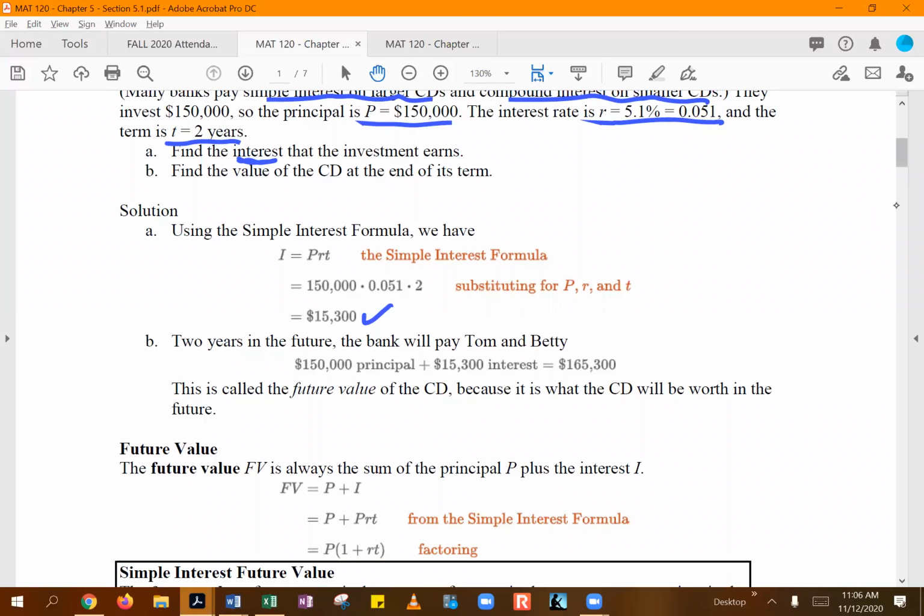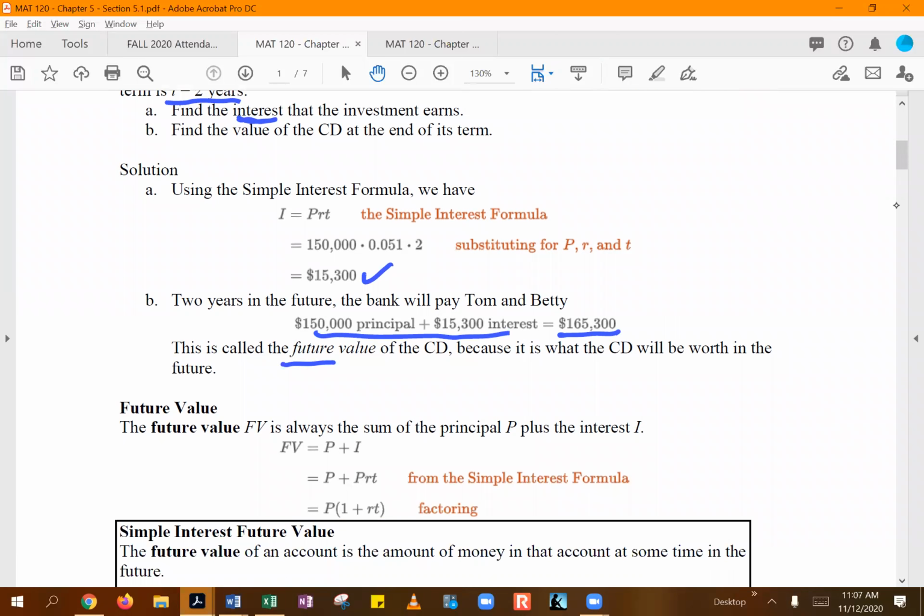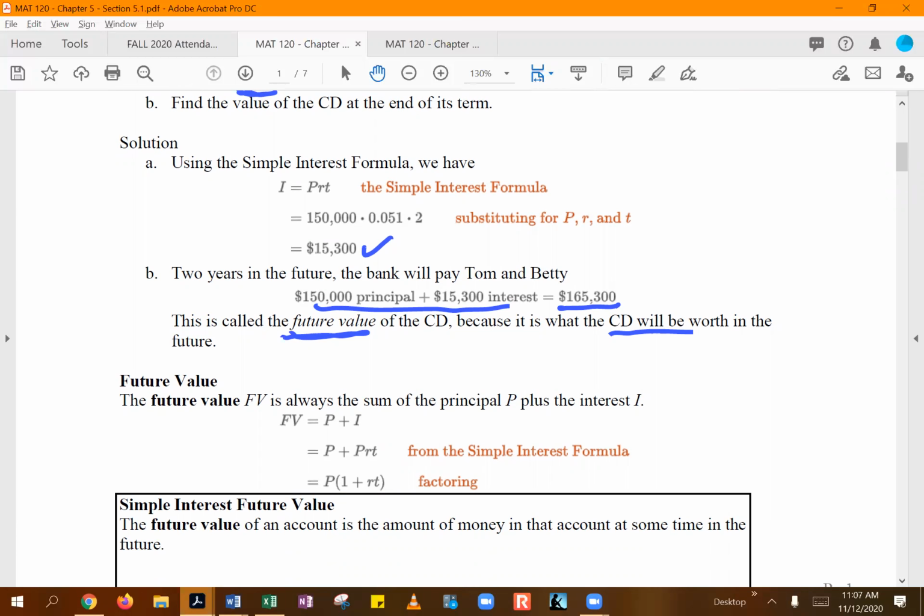Now if you take that interest and add it to your principal, you will get a total of $165,300 at the end of the 2 years. And that, like I said, is your future value. So that CD will be worth $165,300 2 years from now.